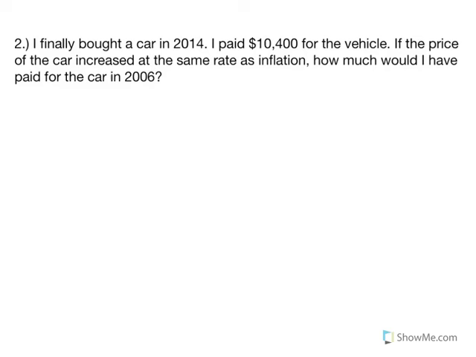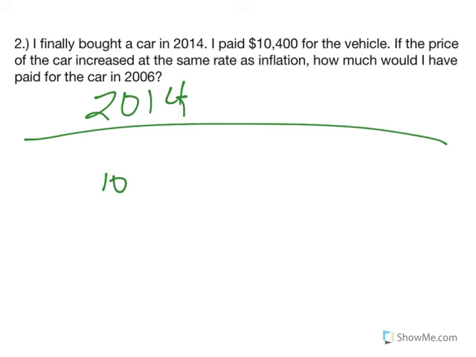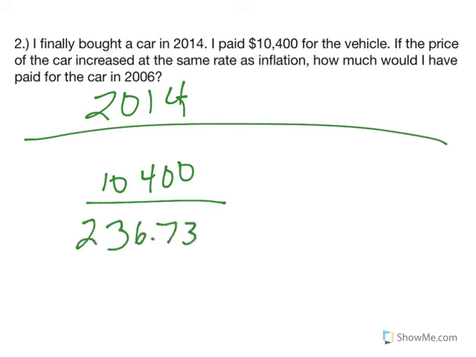Next problem. I finally bought a car in 2014 and I paid $10,400 for the vehicle. If the price of the car increased at the same rate of inflation, how much would I have paid for this in 2006? So in 2014, I bought a car for $10,400. Annual CPI for that one, 236.736.